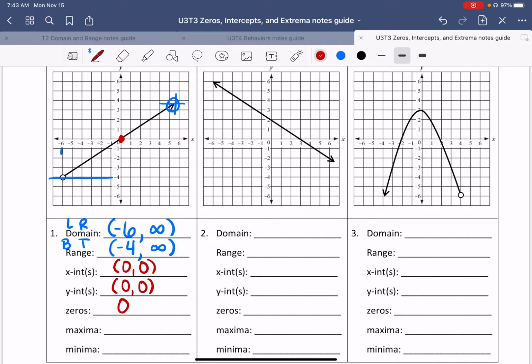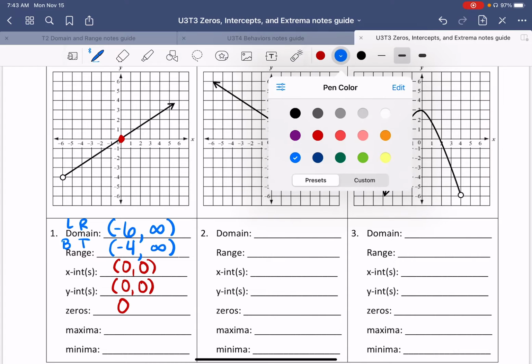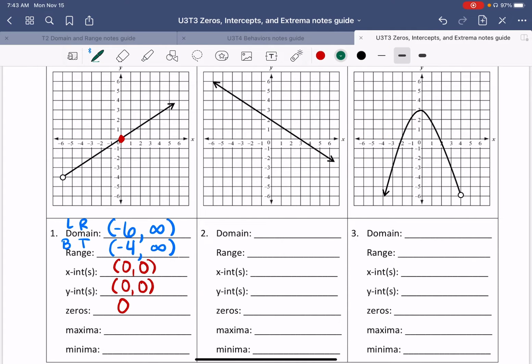All right, maxima, single highest point. Because our graph keeps going up forever, this particular graph has no maxima. Since it's going to keep going up, there's no single highest point. So you can write NA or you can write none, whichever you prefer.